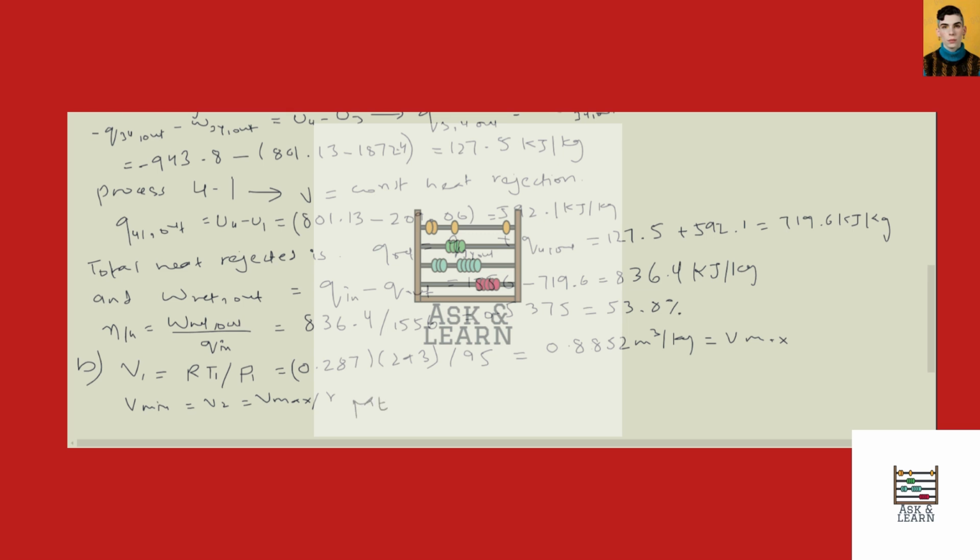So the mean effective pressure would be equal to W net out divided by V1 minus V2, that is W net out divided by V1 times (1 minus 1 over r), which is 836.4 divided by 0.8852 times (1 minus 1 by 20), that is equal to 995 kilopascal, which is our answer.